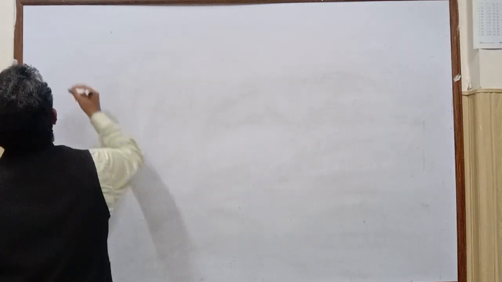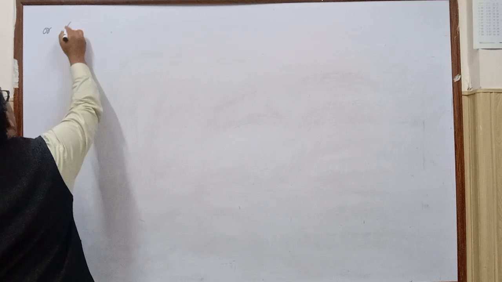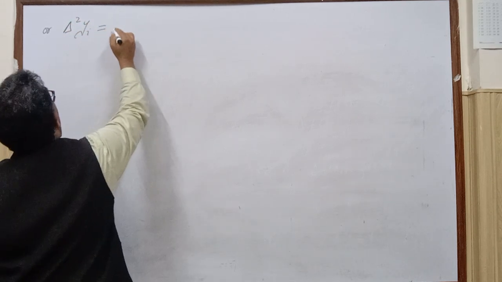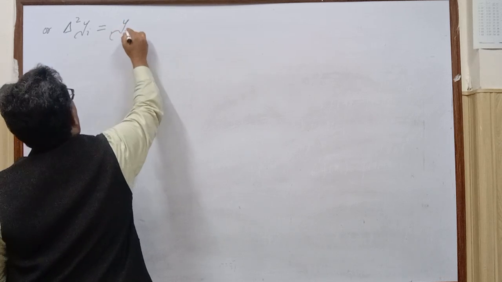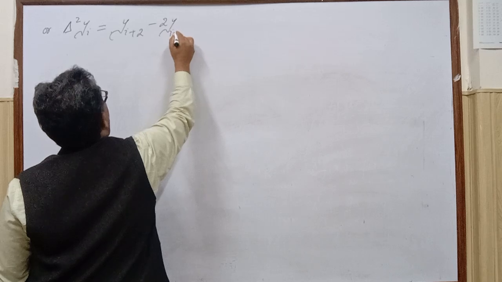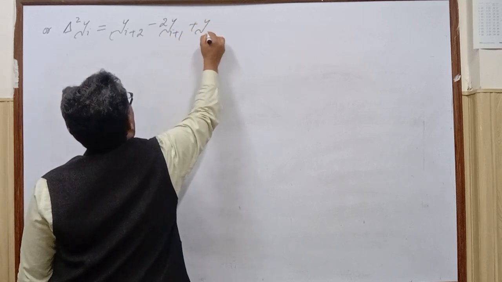Or in terms of y, you can write delta 2 yi as yi plus 2 minus 2 yi plus 1 plus yi.